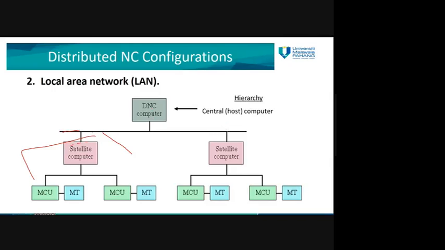Each time, this DNC computer will send data to the local or satellite computer here, and this will perform the control over the CNC under its control. It's like a hierarchy: you have one main and more below to control several. So if one of these controllers has a problem, the other controllers will keep running, and the communication between the server and the local host computer is still operating.